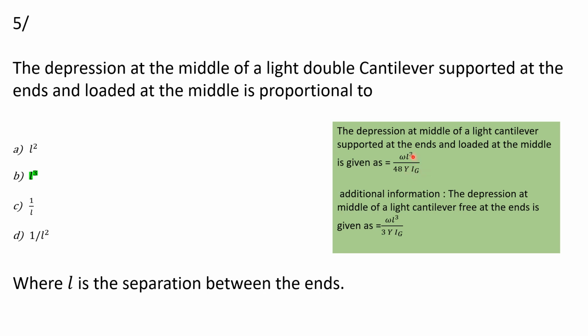Here L is the separation, Y is the Young's modulus, and I_g is the moment of inertia. So from here we can get that the value is proportional to L cube. For additional information, the depression at the middle of a light cantilever free at the end is given as omega L cube by 3 Y I_g.